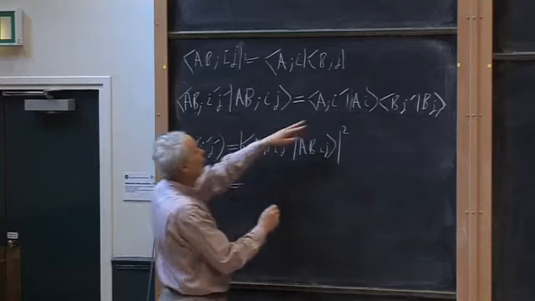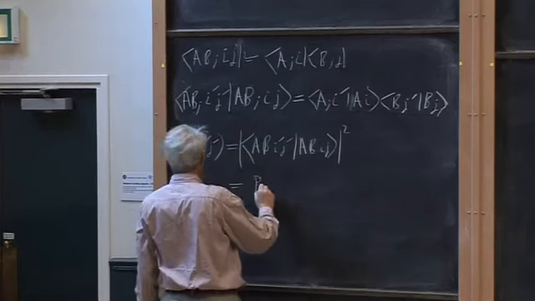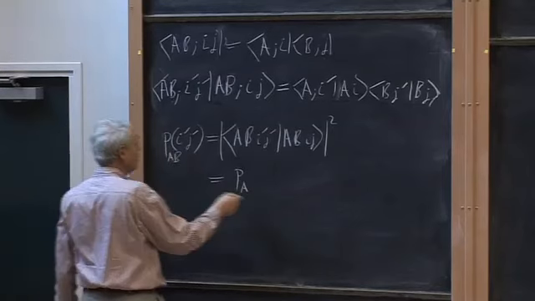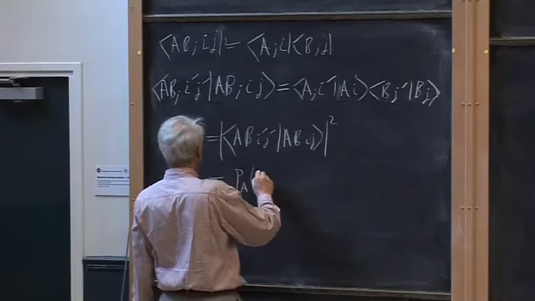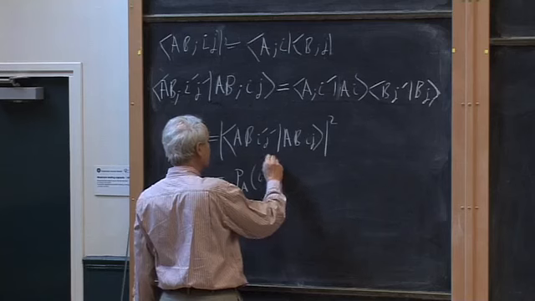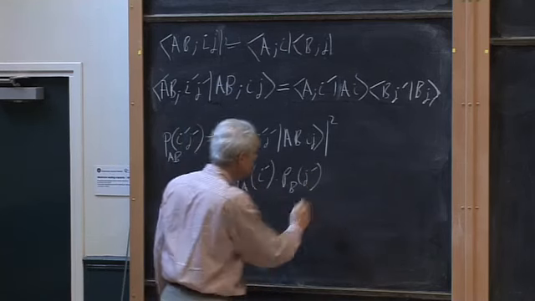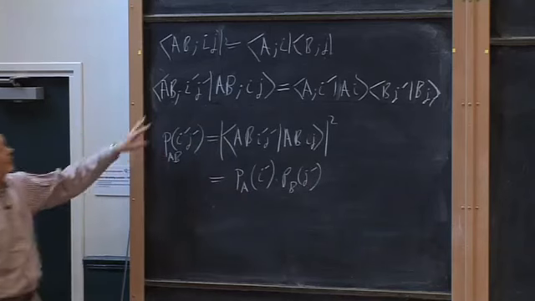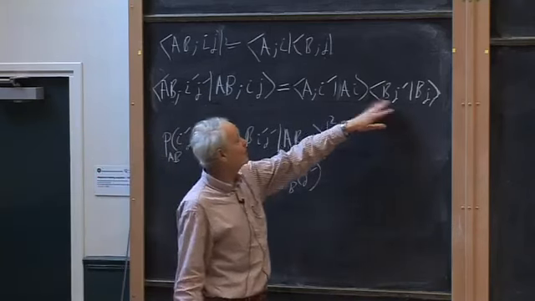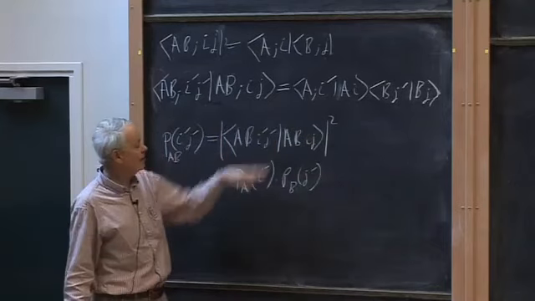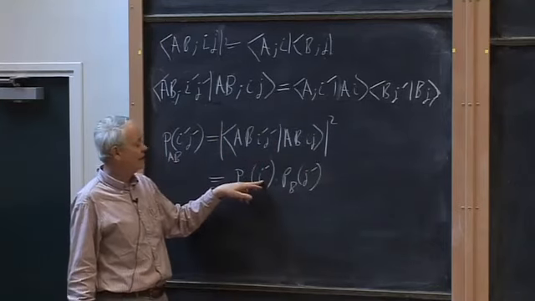And according to this formula, this is equal to the product of the probability for system A of getting the result I primed times the probability of getting the result J primed. Because if I take the mod square of both sides, the mod square of this product is the product of the mod squares. The mod squares on this side, by definition, are these probabilities.